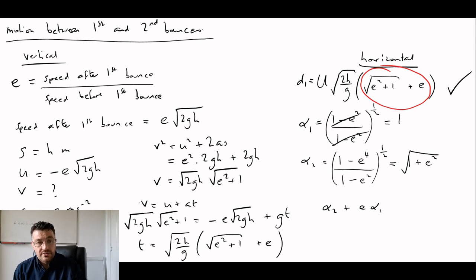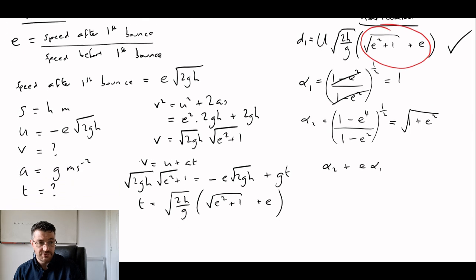Okay, now at this point, you might feel that you're ready to actually attack the general formula for dn. I personally didn't feel that I was ready at this stage to go for dn. I wanted to continue up to the time of the second bounce, because I didn't feel that I had enough of a pattern in mind as I was looking at this, to see how this formula dn was going to come about.